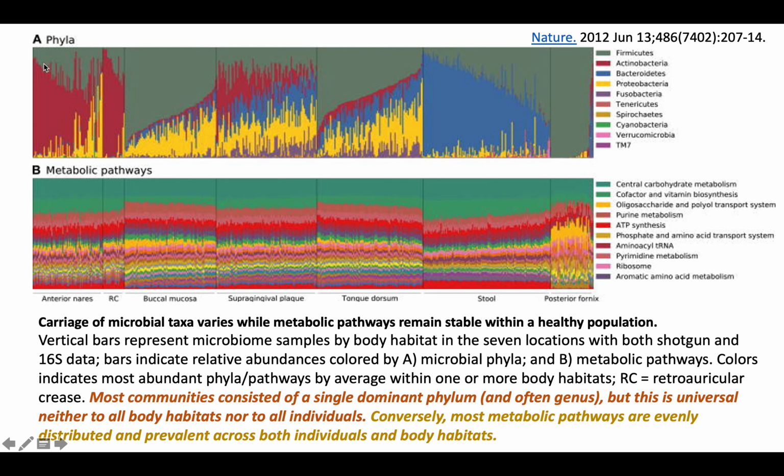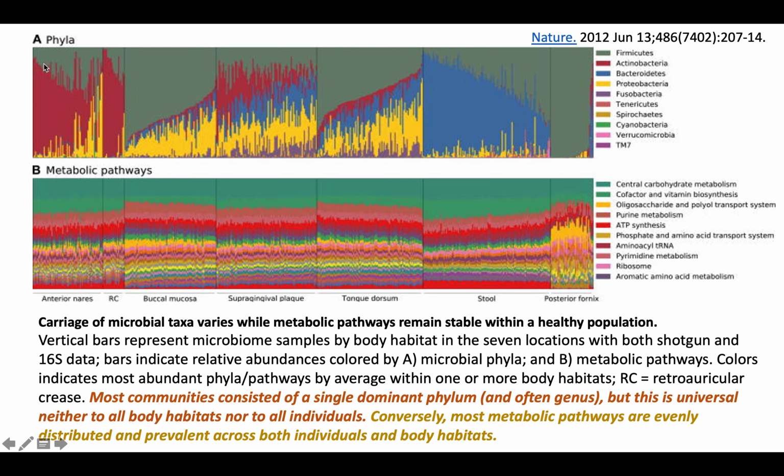Now, if you notice, going across the row for B, you've got basically very similar colors, a very similar pattern in each frame. Whereas in the phyla in row A, you've got different colors where one may be predominantly red. The second to last frame is predominantly blue.